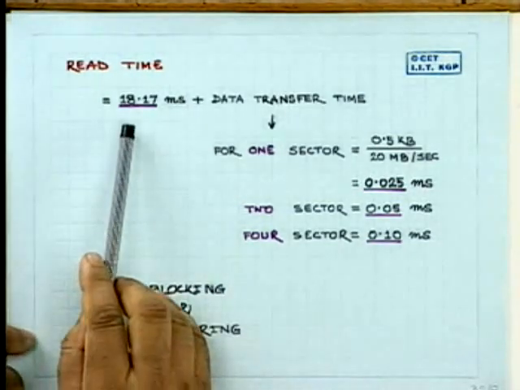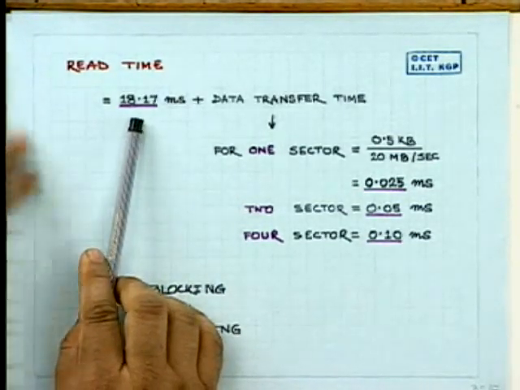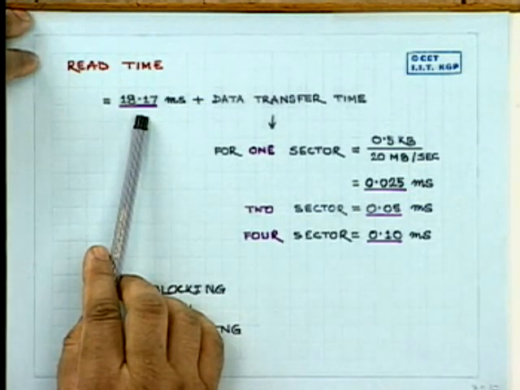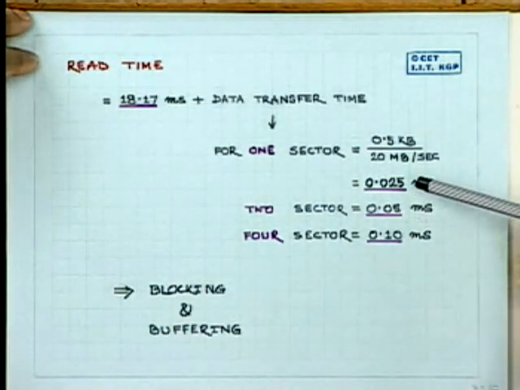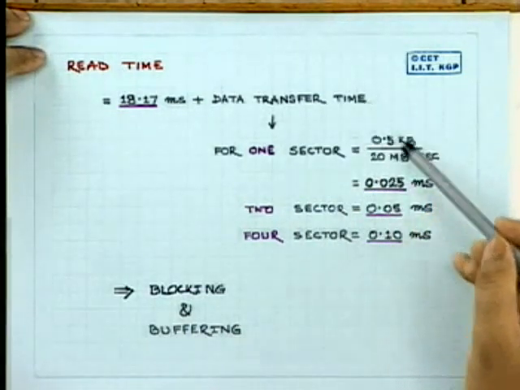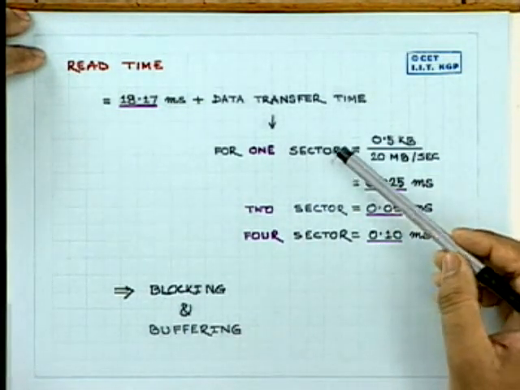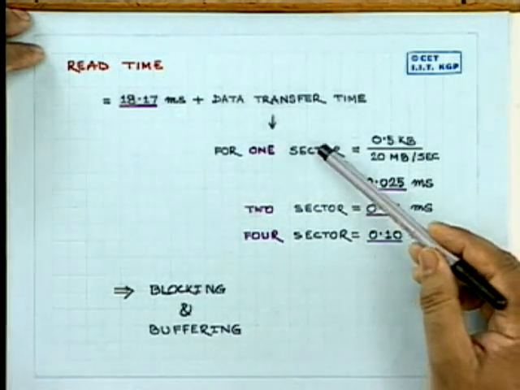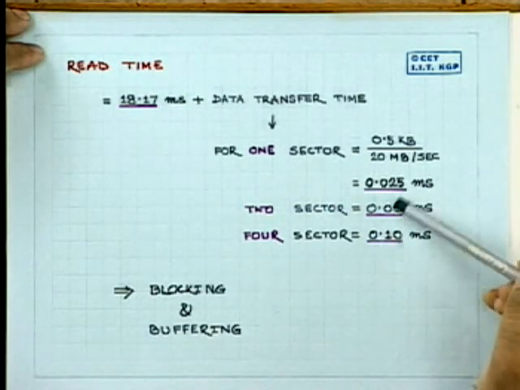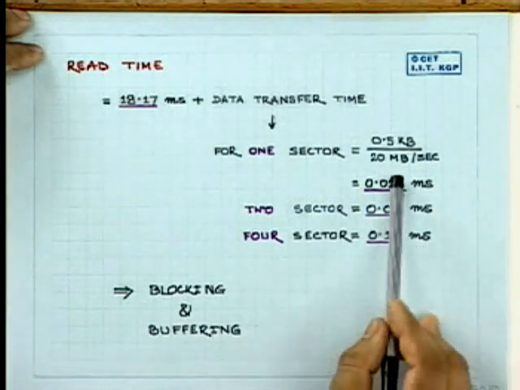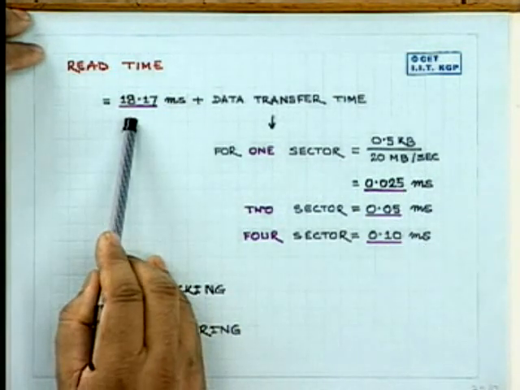Therefore, you can see it is always economical and advantageous that once the head is positioned, it's better to read more than one sector than simply read one sector, because the additional time needed from one sector to four sectors is only from 0.025 to 0.10 millisecond, which is quite negligible with respect to this time, right?